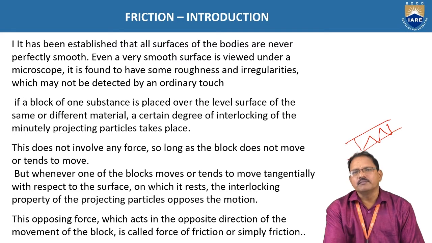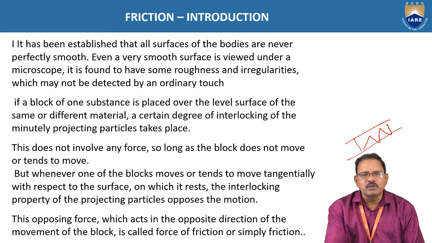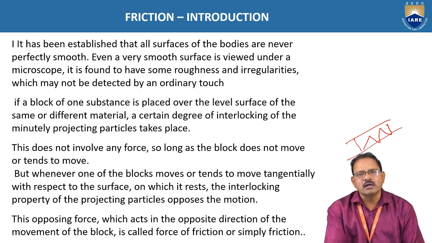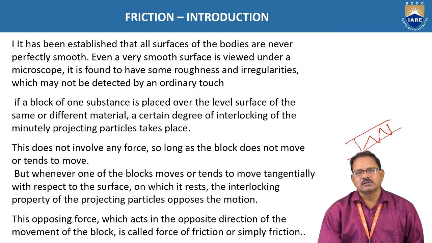As long as the body is stationary, the effect of interlocking is zero. But when the body tends to move over the other object in any direction, the interlocking always opposes the movement of the body. This opposing force, which acts in the opposite direction of the movement of the block, is called force of friction. Simply, it is called friction.